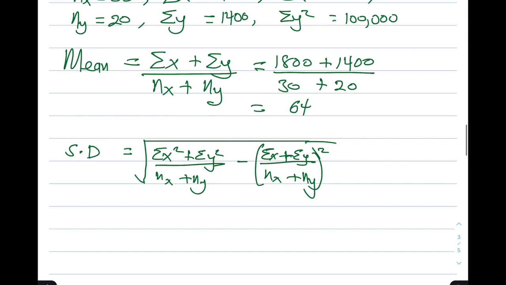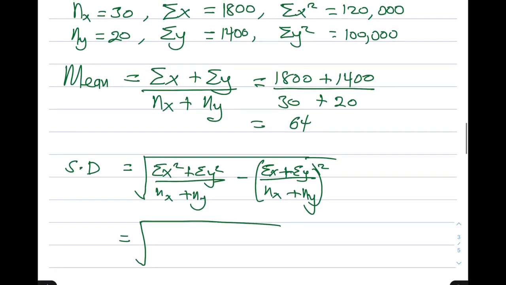Okay, and now we know what the sum of x squared is. Sum of x squared is 120,000, and then sum of y squared is 100,000. Now nx is 30 plus ny is 20 minus the combined mean.